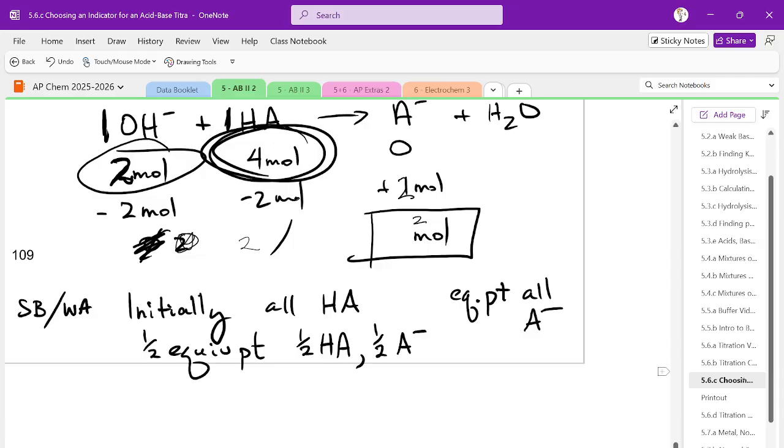If I put 4 moles, I'd be reacting all of it, which would take me to the equivalence point. So if I want to react half of it, I only want to add 2 moles. If I wanted to go all the way, that'll take me to the equivalence point. Yeah?